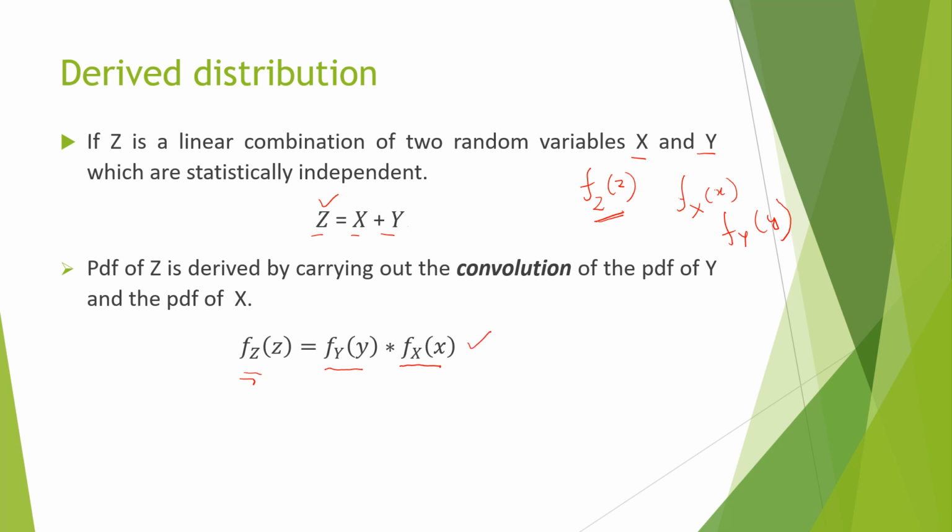So if x and y are added, then the resultant PDF is given as the convolution of f of x with f of y. This is a very important result to find the resultant PDF of the combination of two random variables x and y.